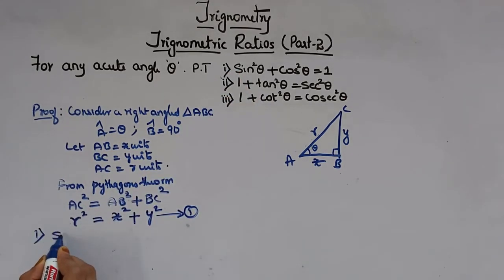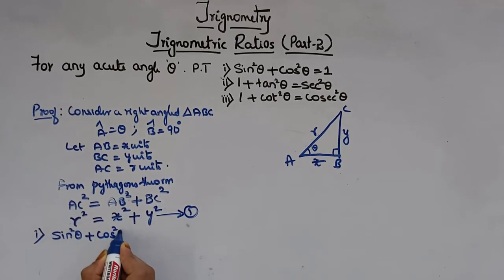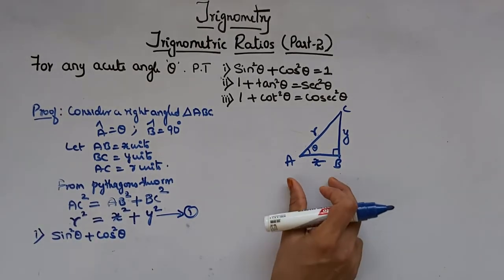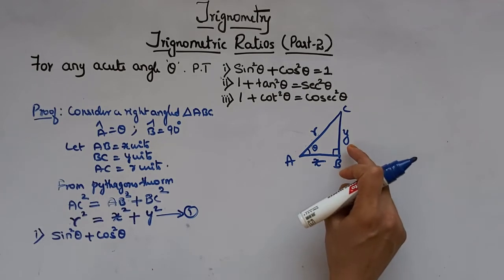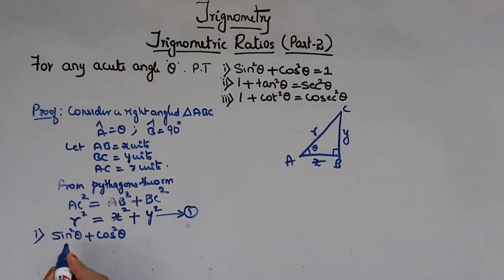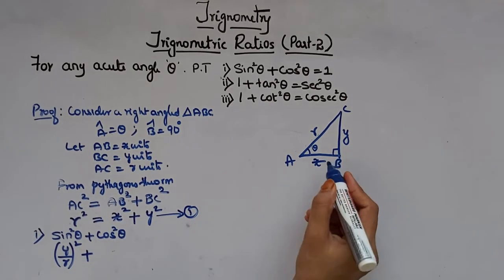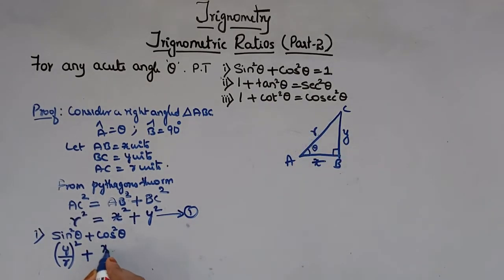Left hand side we have sin square theta plus cos square theta, right? So from the diagram we know sin theta is y by r, so y by r, it's a square, so this whole square, right? Plus cos square theta is x by r, so x by r, whole square, right?